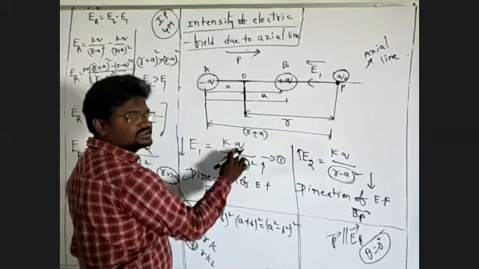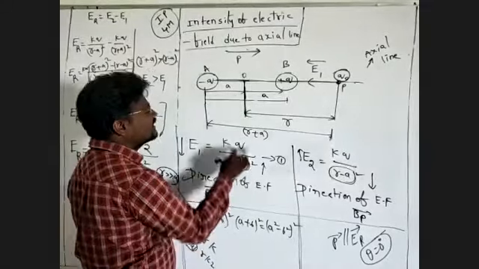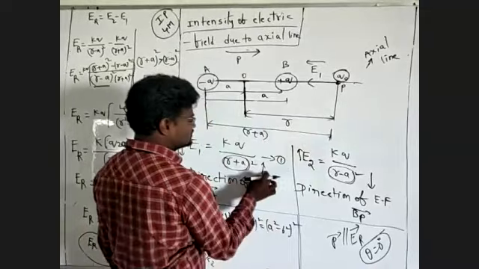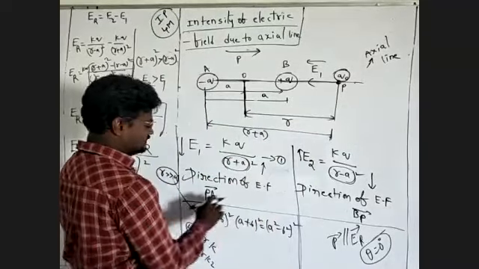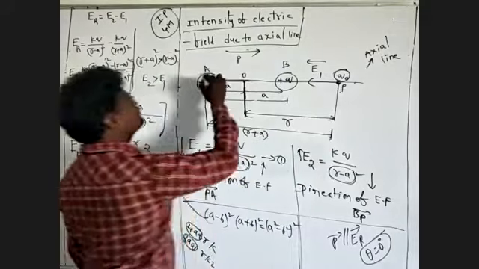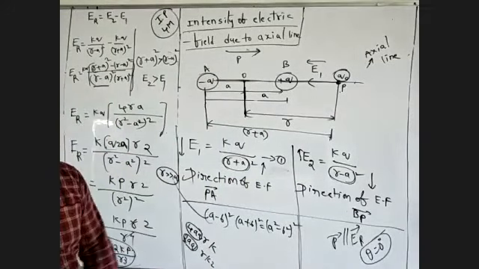The negative charge is taken as a positive value: K q by the distance between the two charges, R plus A, whole squared. The direction of the electric field is from P to A. That is the first part.